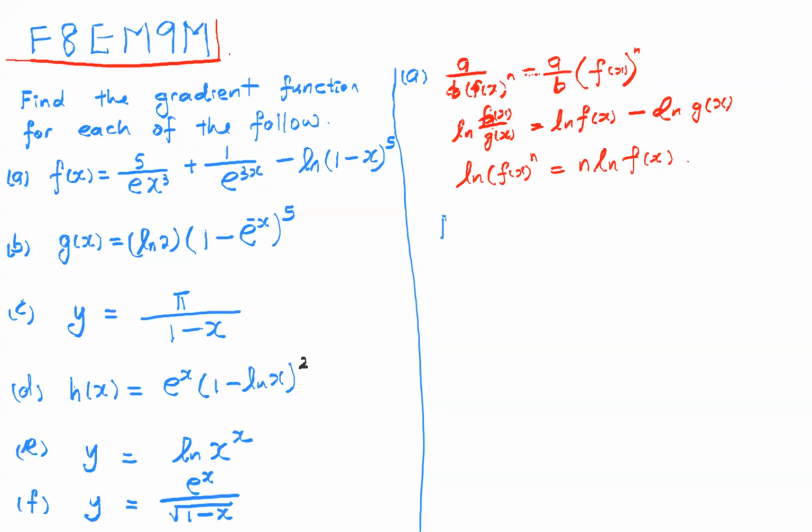So my fx, I'm going to write it as 5 over e, x to the power of -3. This is negative n, sorry.